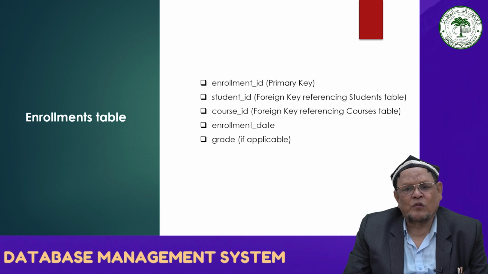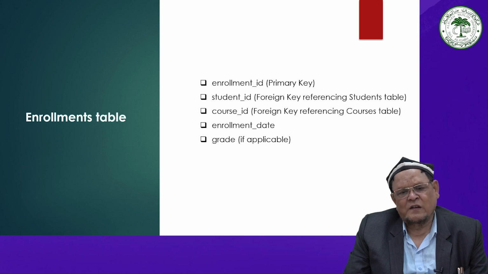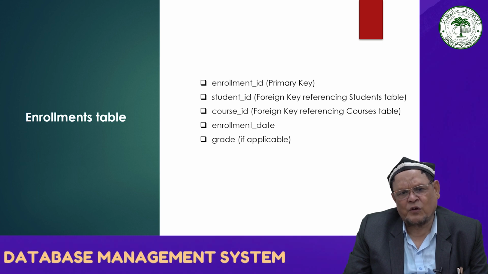So here you have to use 2 foreign keys, student ID and course ID. The next is the grade, if applicable. So the enrollment table contains 5 attributes, one primary key and 2 foreign keys.